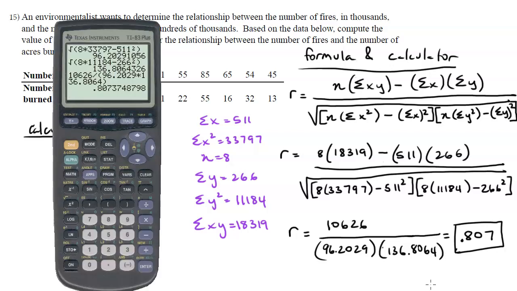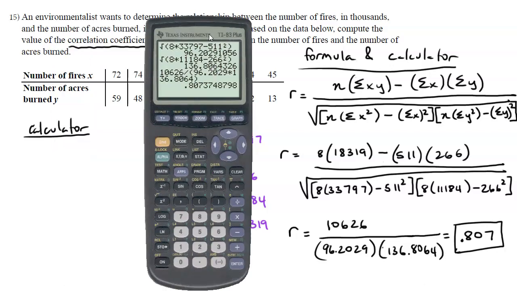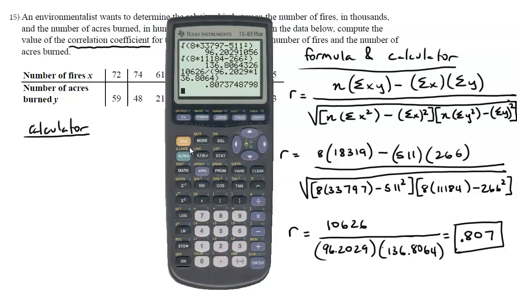Okay, here we go. To use this approach, I'm also going to enter stat edit. I'm also going to enter my values here, right? My x values in L1, my y values in L2. But now, what I'm going to do is I'm going to get a little tricky.